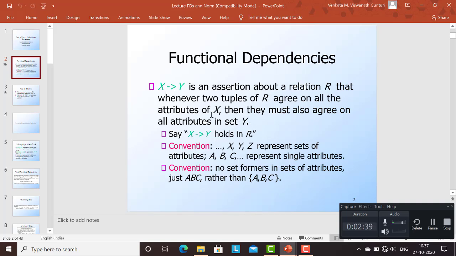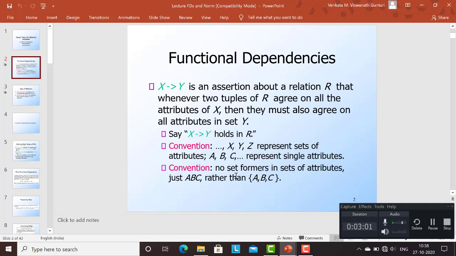Here, a bit of notation that I'm going to use in the slides is that whenever I use X and Y, they can be a single attribute or they can be a set of attributes also, right? So whenever I say X, it does not mean that it's just a single attribute. It can be a bunch of attributes also.